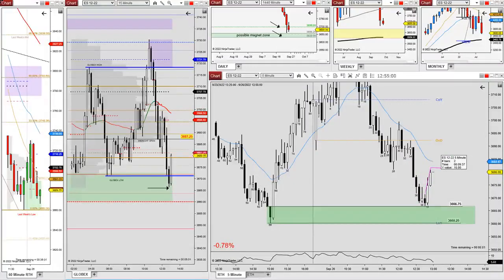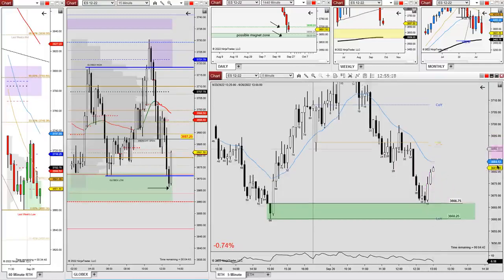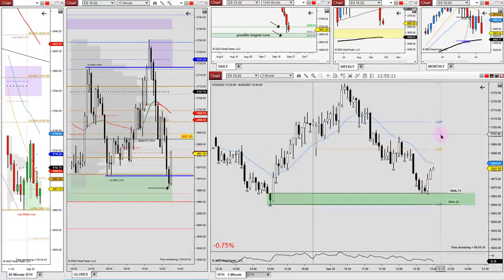So be prepared for that. All right, so they did close above where I said that they would. Now, okay, so 10-point scalp is right there. Those who bought one tick above 39, are they trying to get some kind of V-shaped reversal or some kind of leg in a trading range? It's possible.